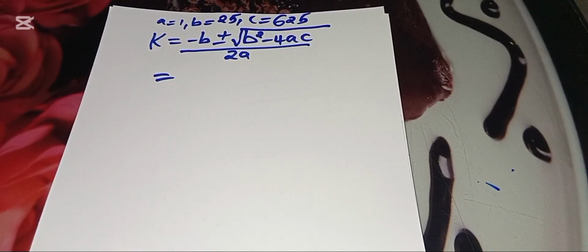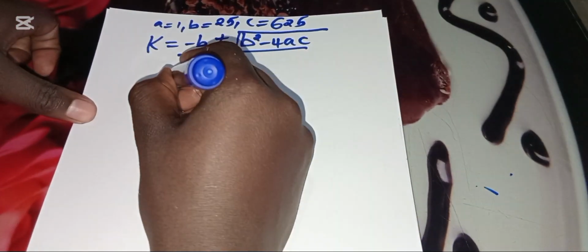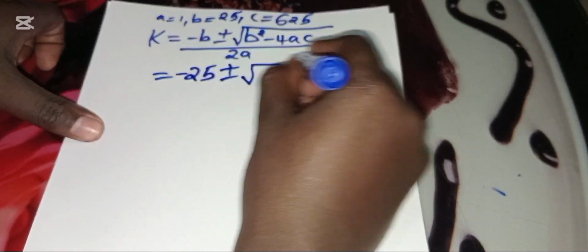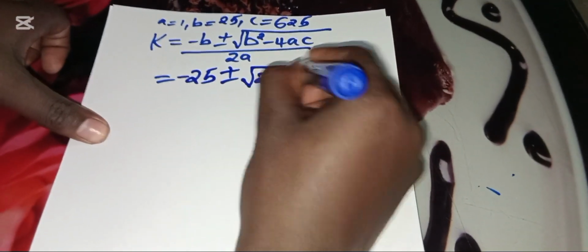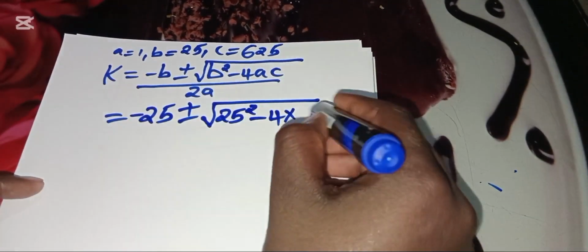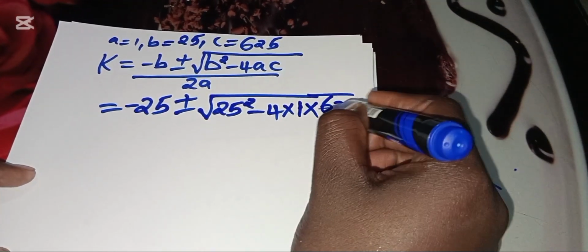So substituting the values of a, b, and c, we have negative b, which is negative 25, plus or minus the square root of b squared, which is 25 squared, subtract 4 times a, which is 1, times c, which is 625.